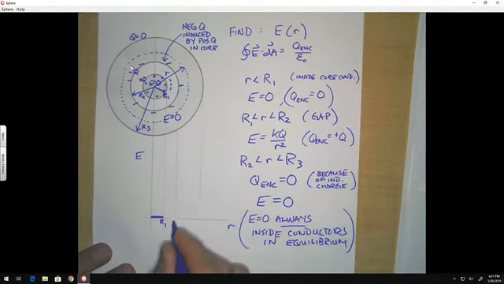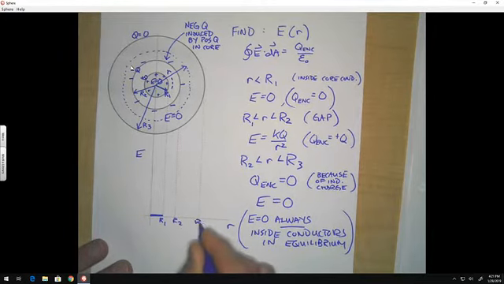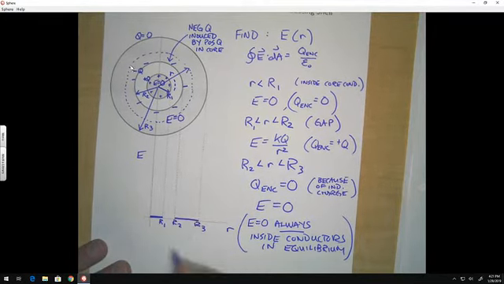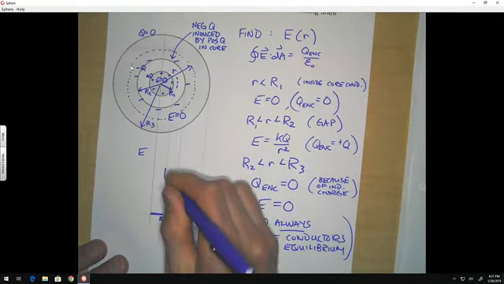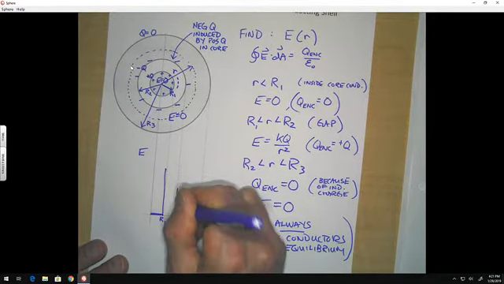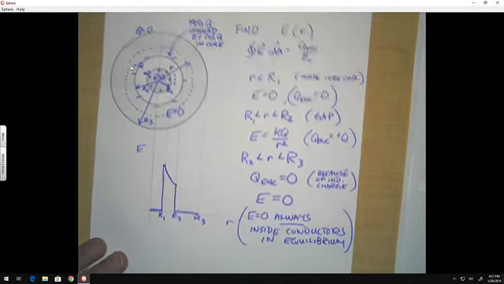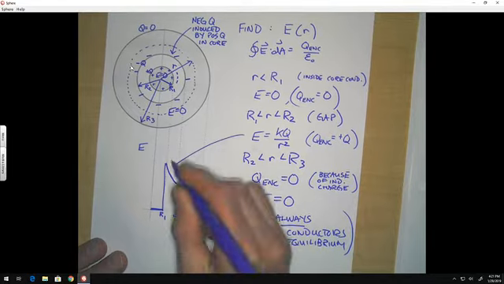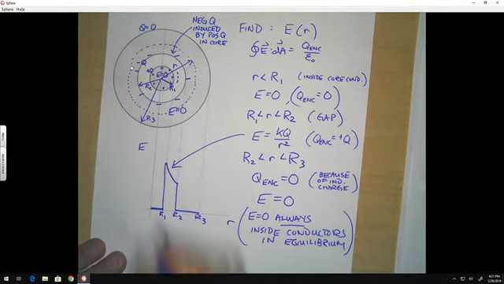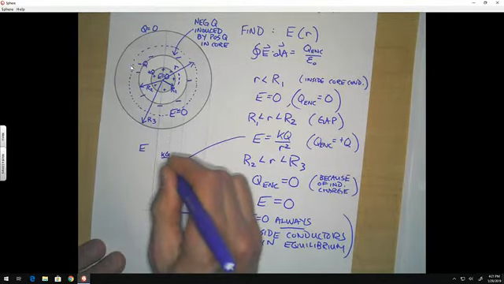So we've got here R2, R3, and the gap, we've got that. Okay, 0. I didn't draw this, but you can add in. This is the function here. Okay, so you've got KQ over R1 squared.